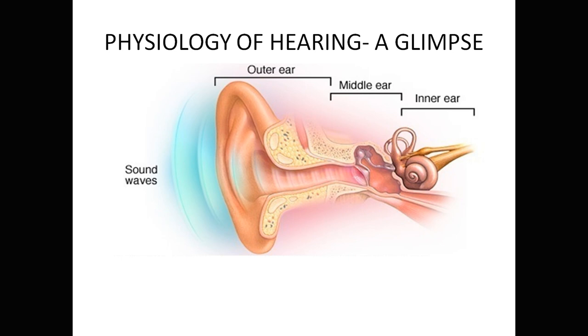Here you see the same picture again. When the sound waves enter into the outer ear, they will pass on to the external auditory canal and will hit the tympanic membrane in the middle ear. Okay, so this is acoustic, that is sound energy.